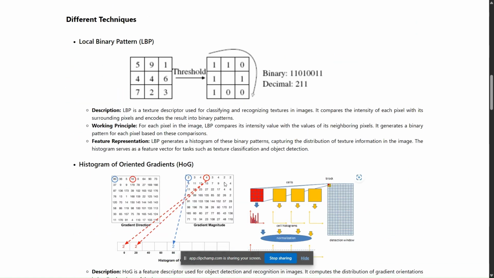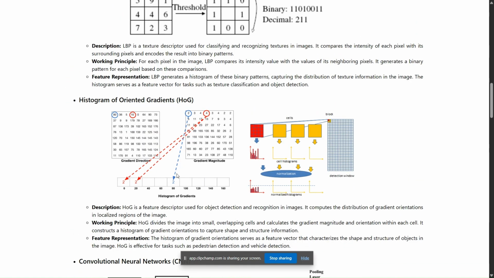And now let's look at histogram of oriented gradients. What it basically does is it plots a histogram by calculating the gradient magnitude and angles. How we calculate the magnitude is we calculate the gradient in the horizontal direction and the vertical direction, and we add the square of the horizontal gradient and the square of the vertical gradient, and take a square root of that, and that is the magnitude.